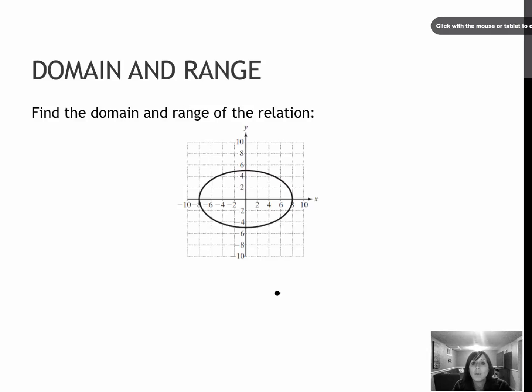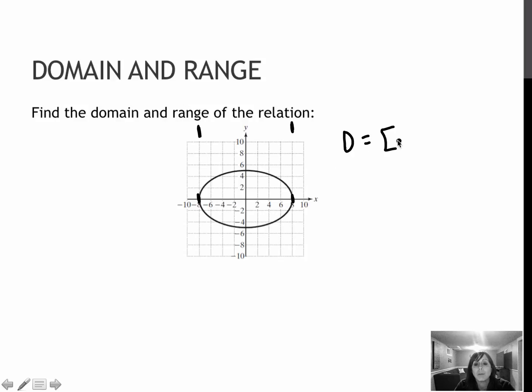This is a little bit more complicated because now this is more continuous. So looking at the x values, I've got x values from here all the way to here. So my domain, instead of writing it in set notation because this is continuous, I'm going to write it in interval notation. So it goes from -8 all the way to 8 and including all of the values in between.